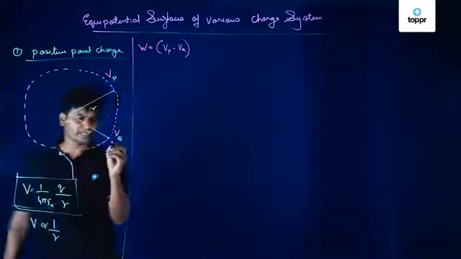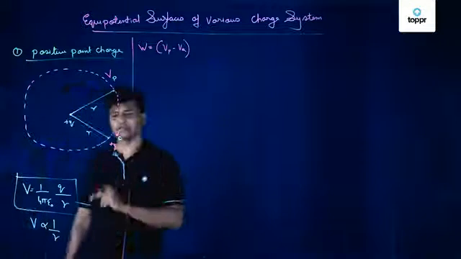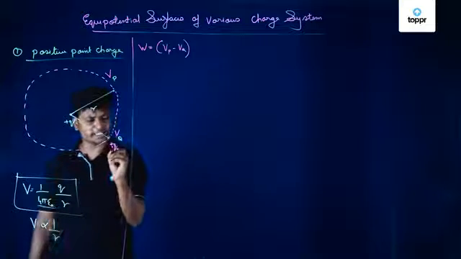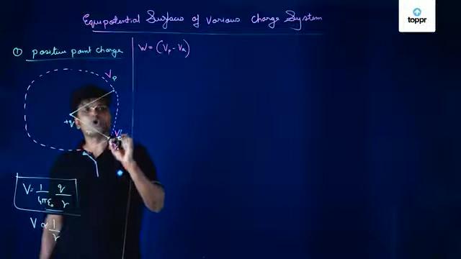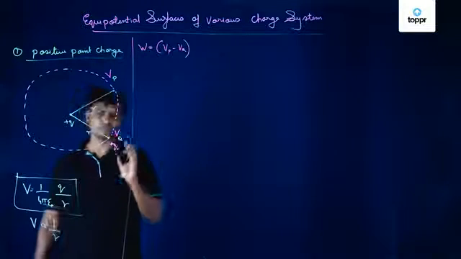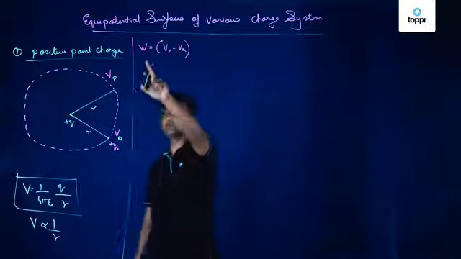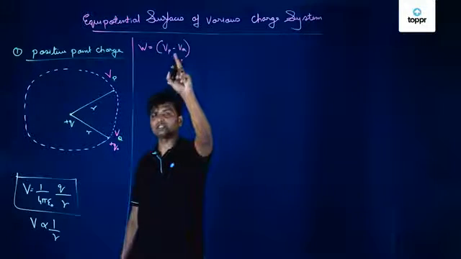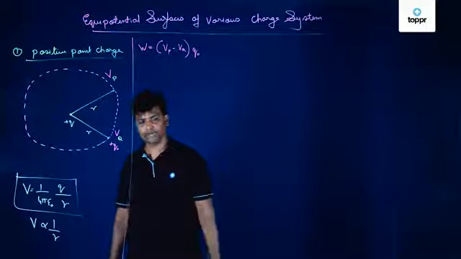Let's say I am placing a test charge at this point and moving this test charge from Q to P or from P to Q. What will be the work done? W is equal to Vp minus Vq into q0.